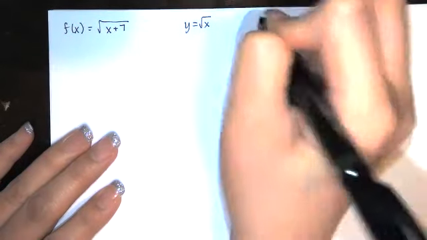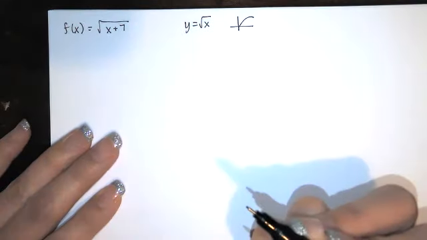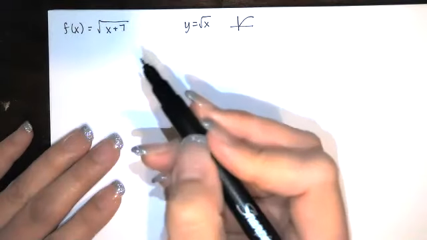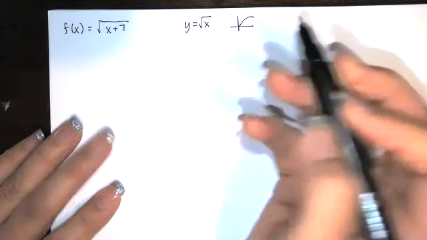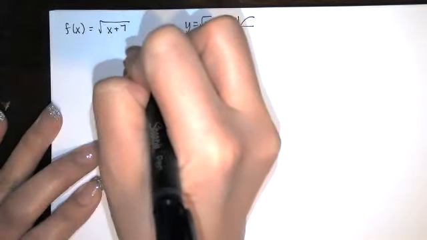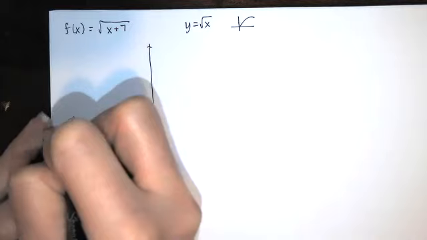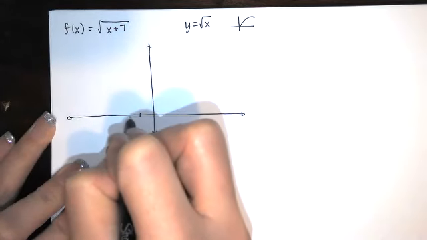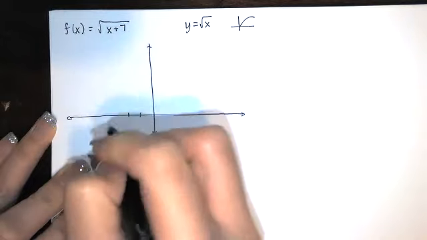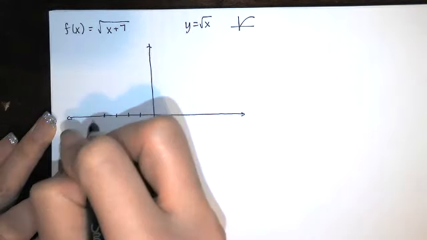Now, remember y equals the square root of x has that shape. Now, if I replace the x with an x plus 7, that's just going to move that square root graph 7 units this way. So this is what our graph looks like. When x equals -7, we're taking the square root of 0.